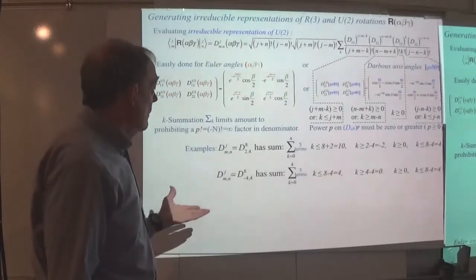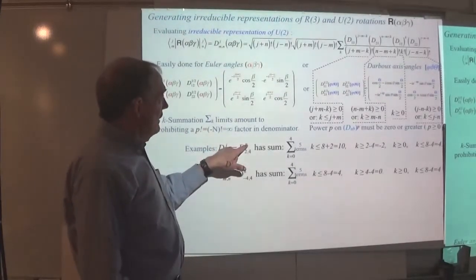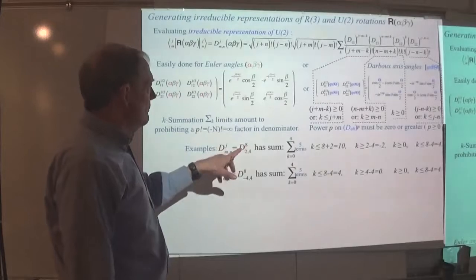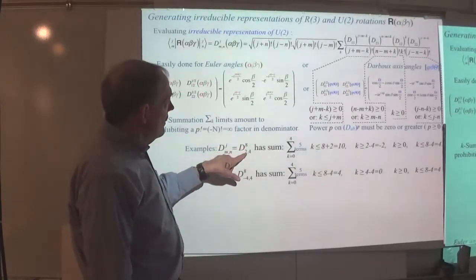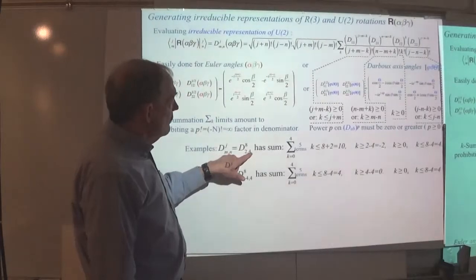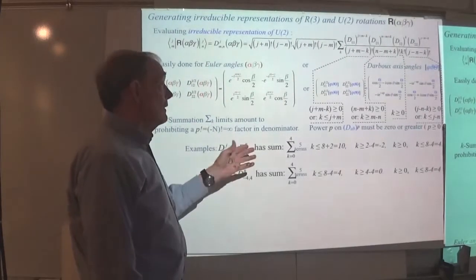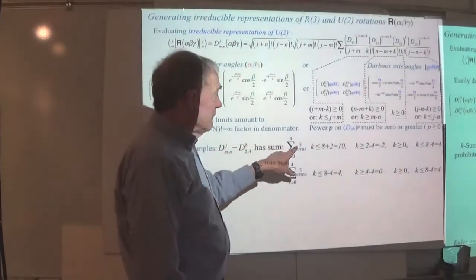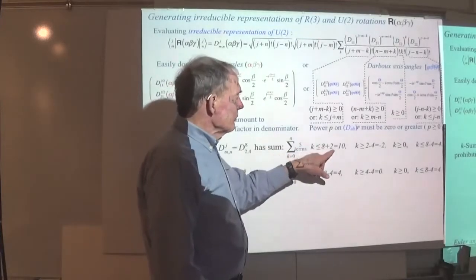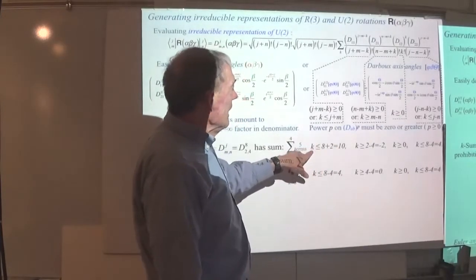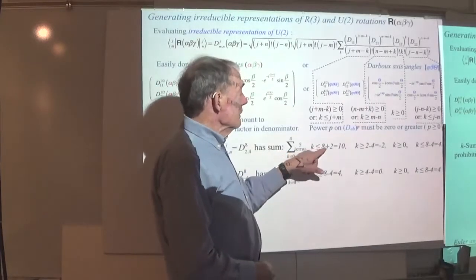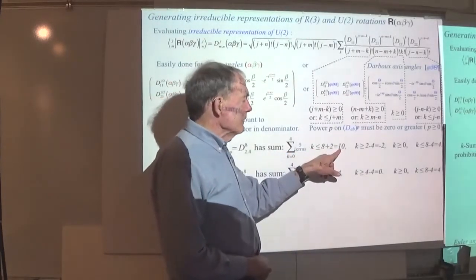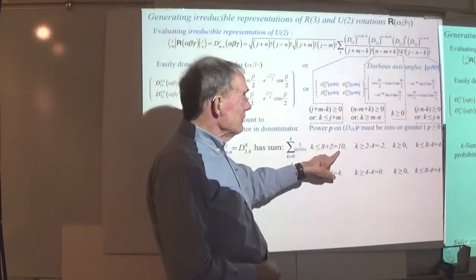Okay, for example, d to the 8th, that's a horrendous angular momentum, but we're going to see a lot more than that today. A d8 sub m equal 2, n equal 4, well, it's going to have 5 terms, okay? You go through the logic here and it says that k, my summation index, has to be less than or equal to 10. Well, that's not very much of a limitation. Do I have to sum to 10? No, I don't.